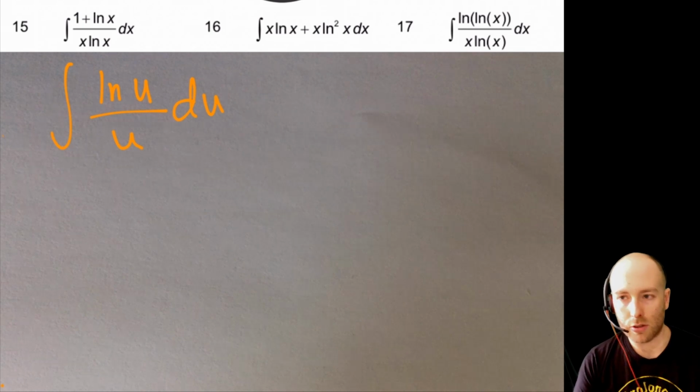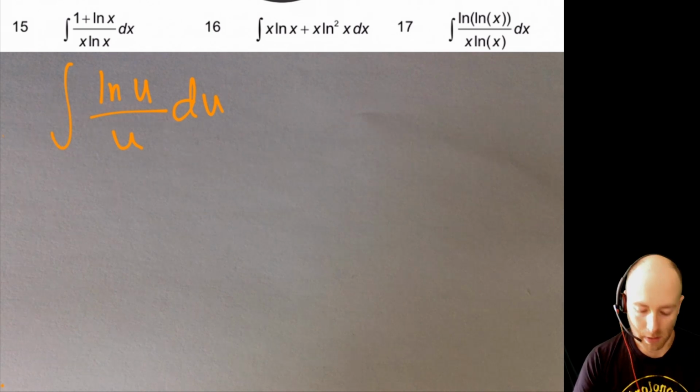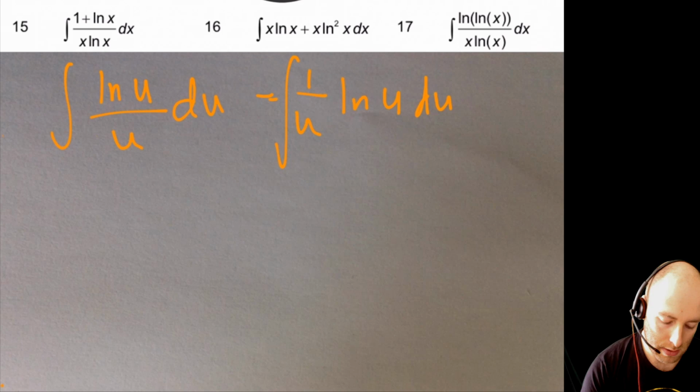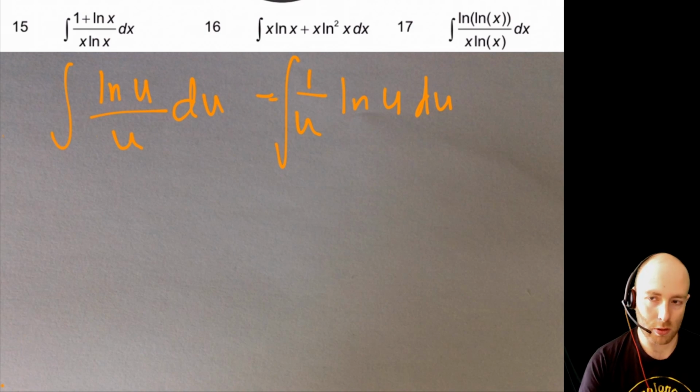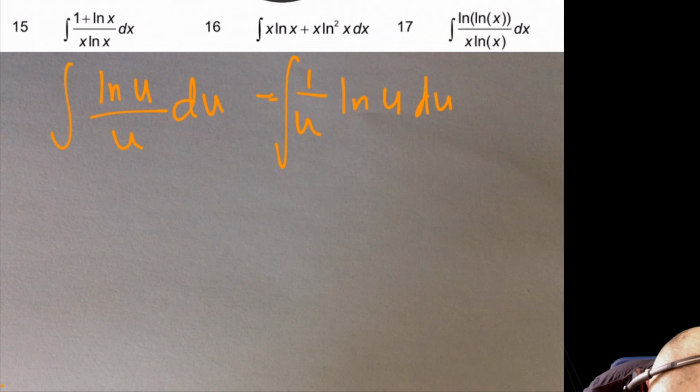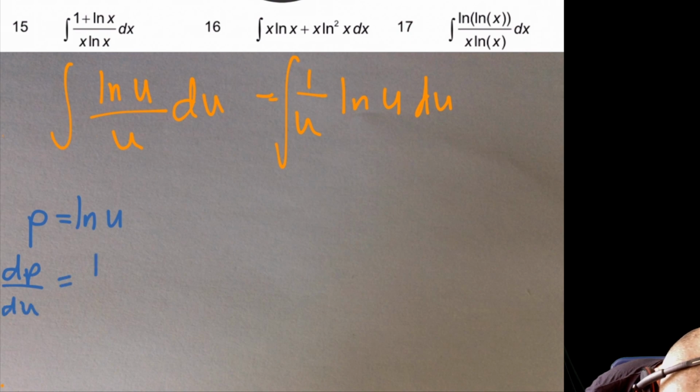Recognizing that this really is 1 over u ln u, which is the derivative of that, so we can try ln u all squared. If you want to do it by substitution again, though, I could say p is ln u, dp by du is 1 over u, the du is u dp.